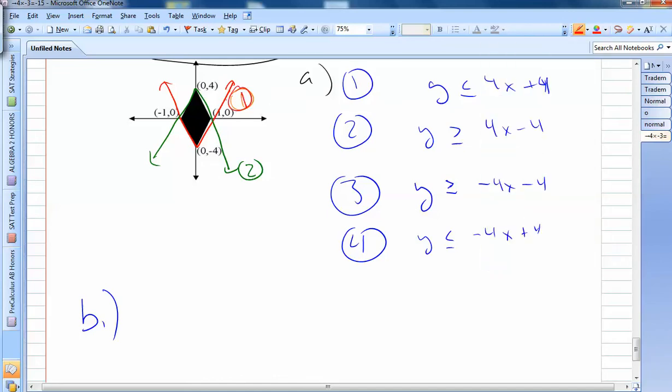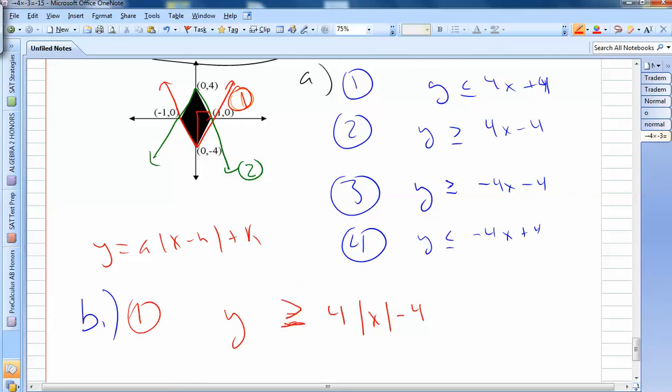Actually, it's supposed to be red, whatever. So remember, absolute value is supposed to look like this. So the vertex is, for the red absolute value, is 0, negative 4. So you're just going to have absolute of x minus 4. And the slope, you have to go up 4 over 1 on each side. So you have that. And plus the shading is above. So it's greater than or equal to.